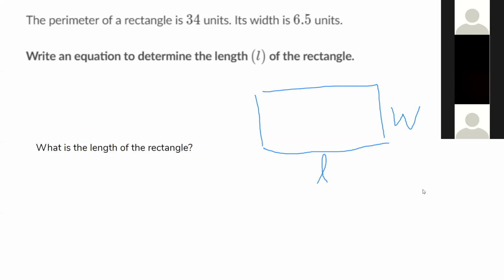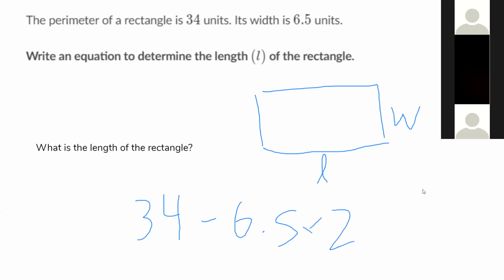Sasha, do you have any ideas for where to start with this problem? I did 34 minus 6.5 times 2.